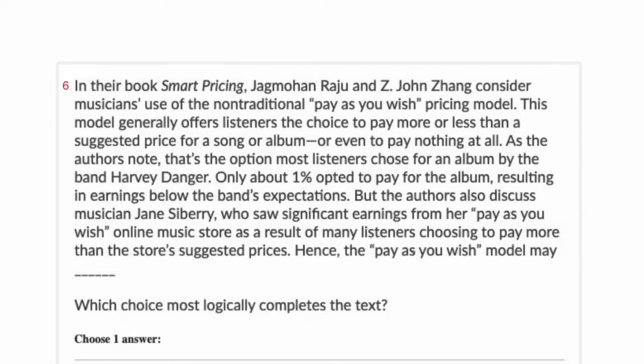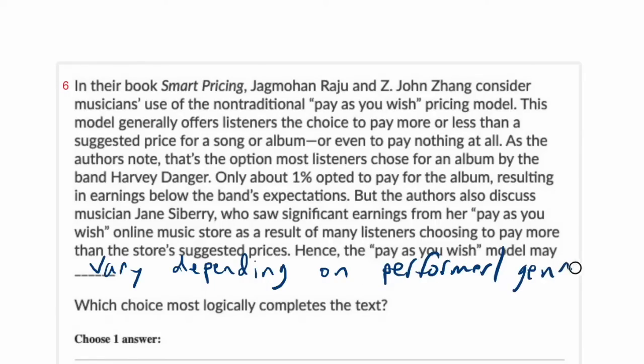Hence, the pay-as-you-wish model may vary in its successfulness depending on the performer or maybe the genre. In other words, just with these two examples, it would be hard to draw a sweeping conclusion, given that in one example it looks like their fans are kind of cheap.